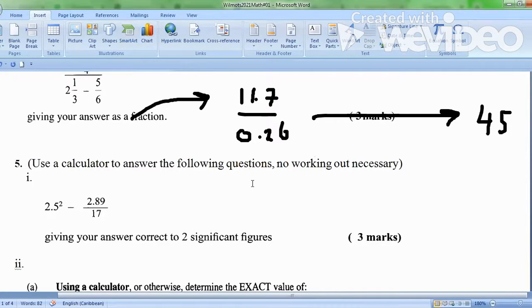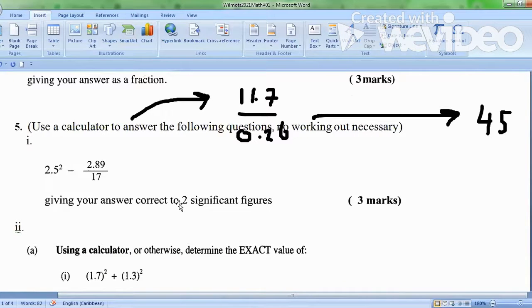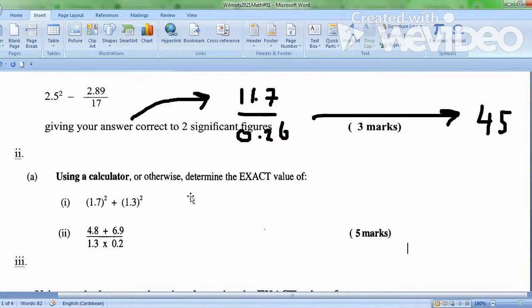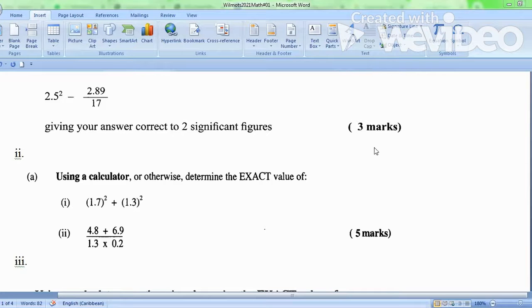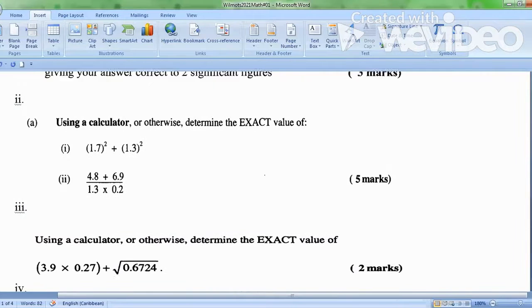Now, you notice in the question we did a while ago, number 5, it says to round off to 2 significant figures. All right? But this question didn't want us to round it off. They want us to what? The exact value. So you have to look out for those keywords. I always tell students there's lots of English language in math. All right, and notice that they put the words use a calculator in bold.